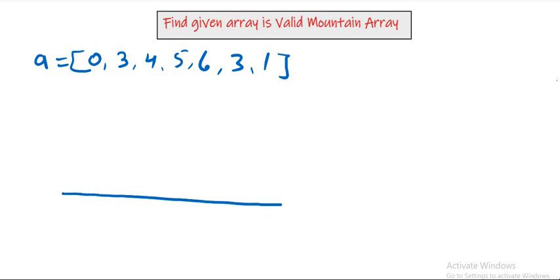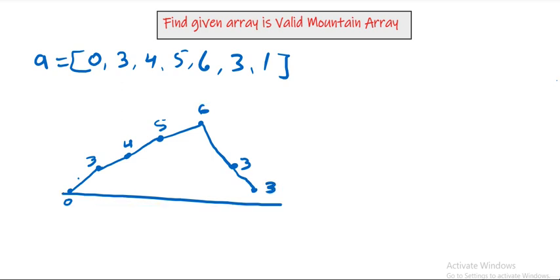Now in that array, our pointer starts from 0, goes to 3, then to 4, then 5, then 6, and now decreases to 3 and 1. So here it's increasing in a strict way, in the proper way, and then it's decreasing. So this is a valid mountain.